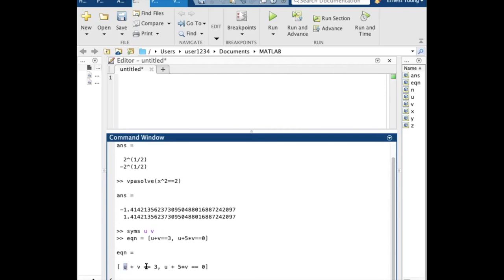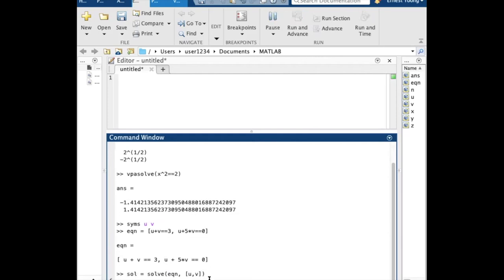I'm going to find u and v. So I say solution is equal to solve my equations. Just now we had x and y, but here I need two variables, so I need to put a square bracket here. So I put u comma v. Remember, with a square bracket you need to put more than one thing, and I enter.